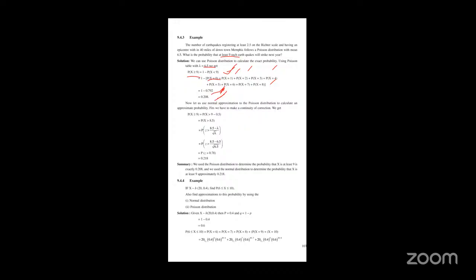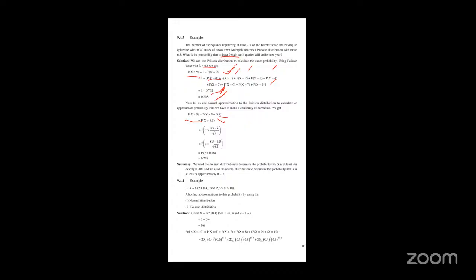Now let us use the normal approximation to the Poisson distribution to calculate an approximate probability. First, we need to apply the continuity correction. Since it is greater than or equal to 9, we take 9 minus 0.5, which is 8.5.